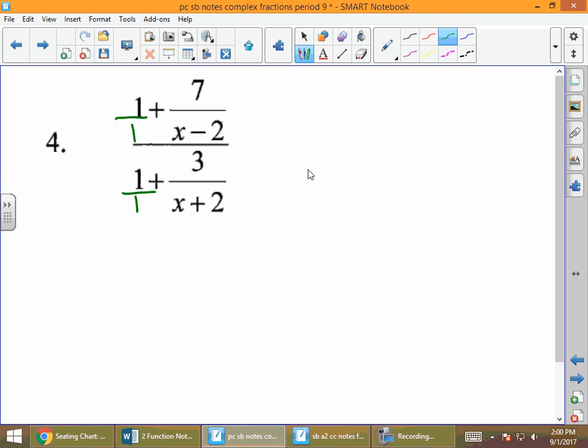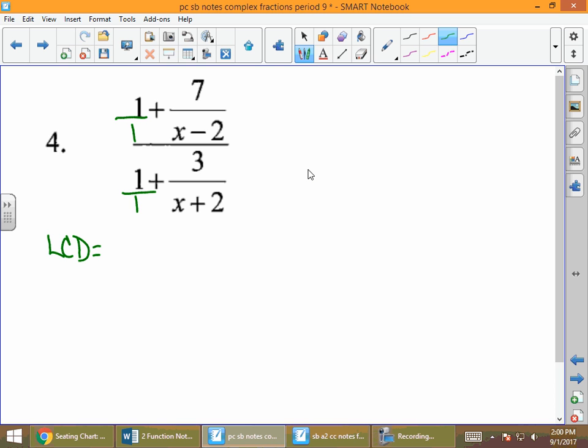What we do with the least common denominator, we need to find the least common denominator, is we look at each individual term in this problem. 1 over 1, so our denominator is 1. 7 over x minus 2, our denominator is x minus 2. 1 over 1, there's another denominator of 1. 3 over x plus 2, x plus 2 is the denominator. We want to find the common denominator of all of those, between 1, x minus 2, 1, and x plus 2.